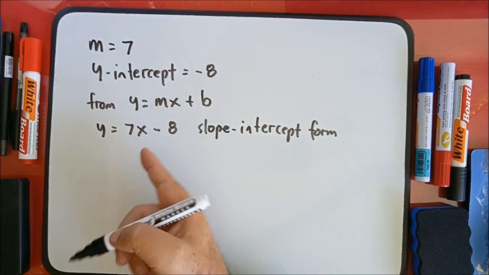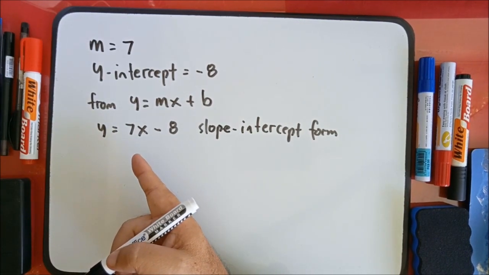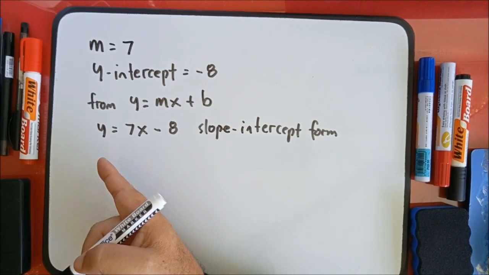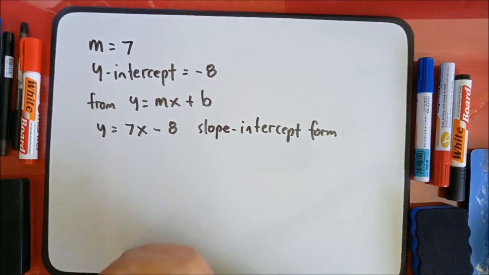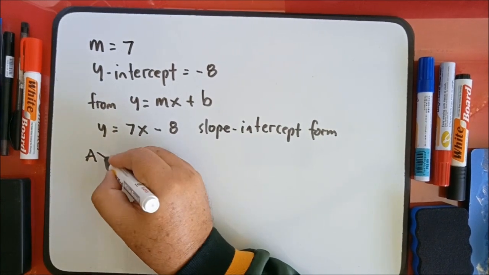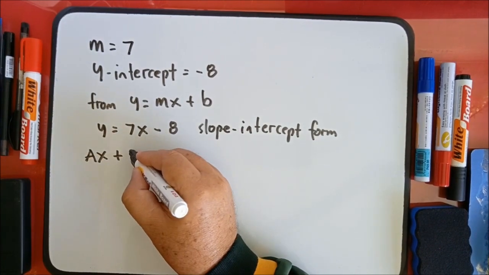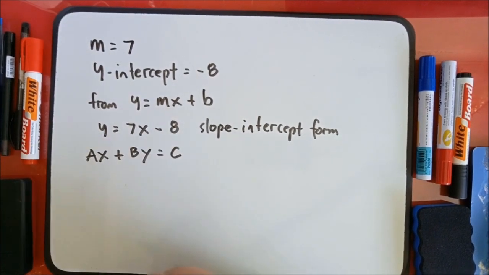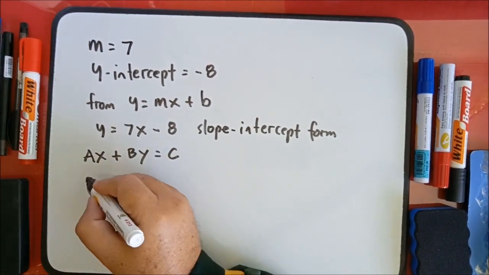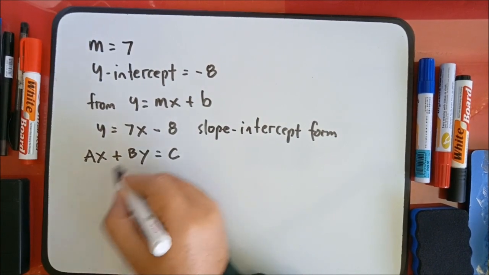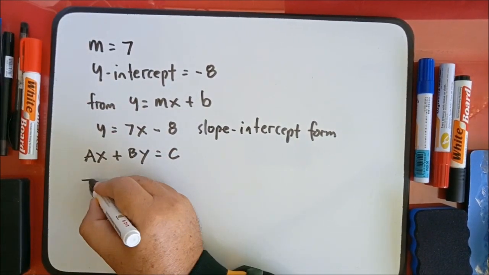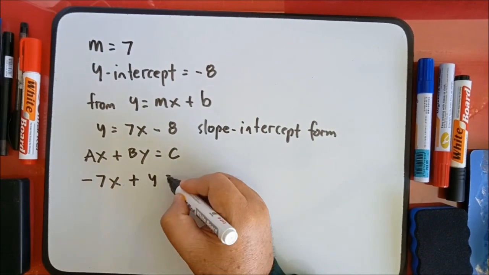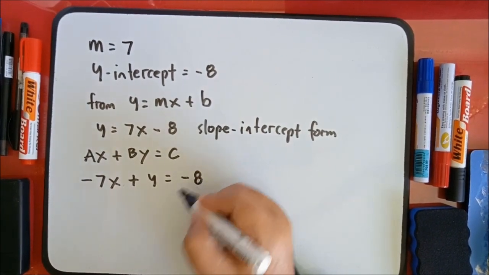Usually, x will be on the left side, y also on the left side, and your constant on the right side: Ax plus By is equal to C, the standard form. So what you will do now is transpose this to the other side. This will become negative 7x plus y is equal to negative 8.